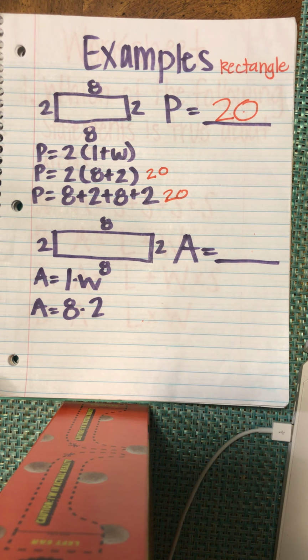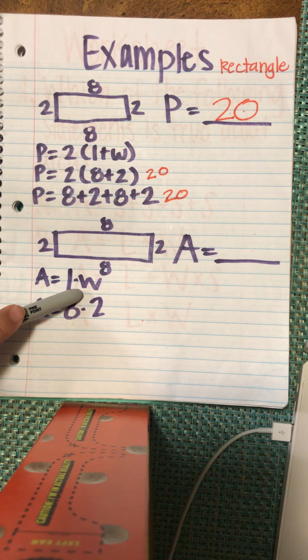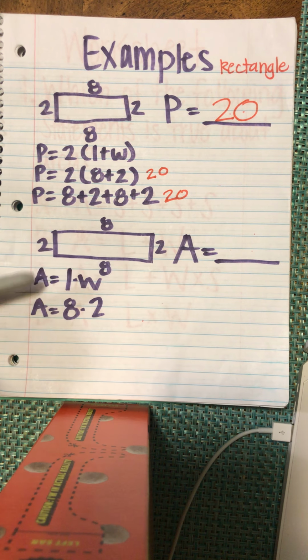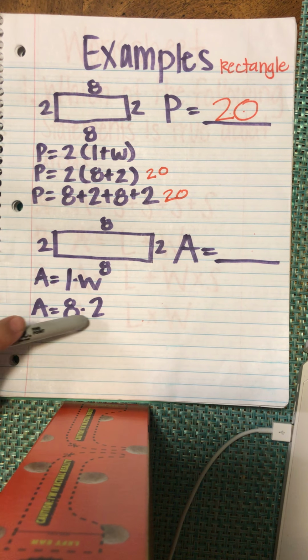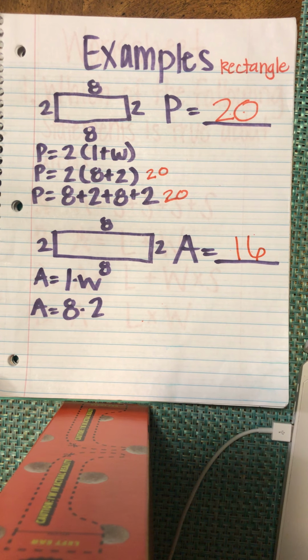Okay, now for the area of a rectangle, we have our formula, A equals L times W. And then again we have an 8 and a 2. So then we just replace our letters with numbers. Area equals 8 times 2. And then you can do 8 times 2 on your calculator. And what do you get? You get 16.